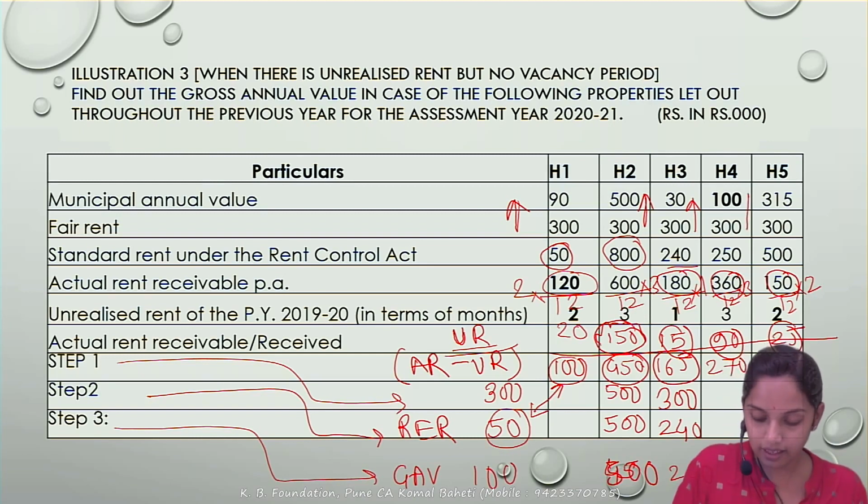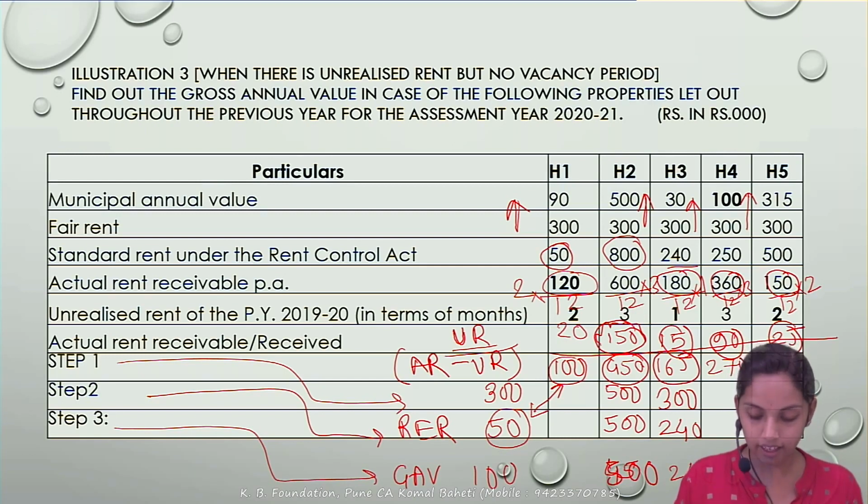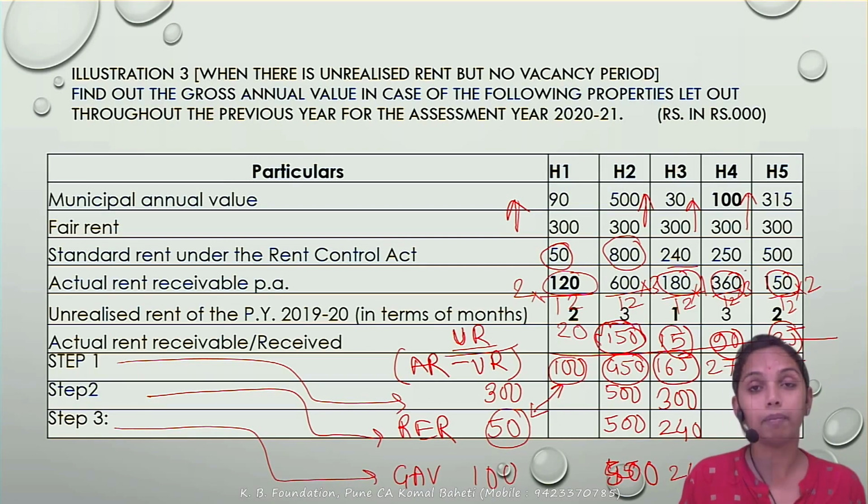In the next case, the fair rent is to be compared with the municipal value, whichever is higher. So the answer is 300. That is to be compared with the 250, that is the standard rent, whichever is lower. Next, that is to be compared with what?